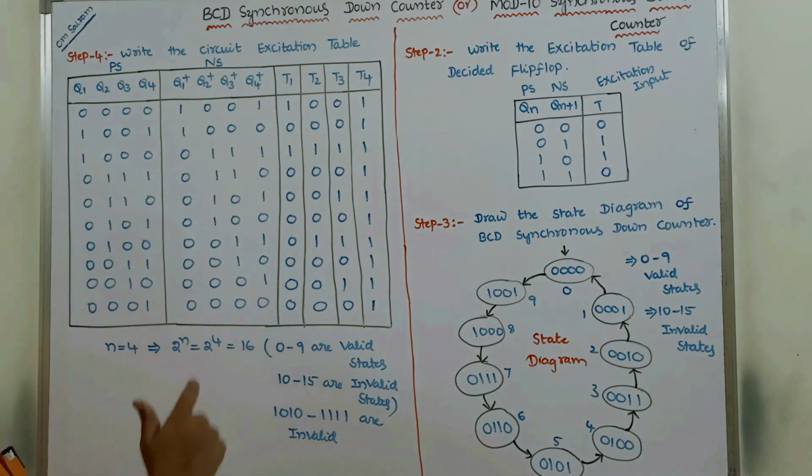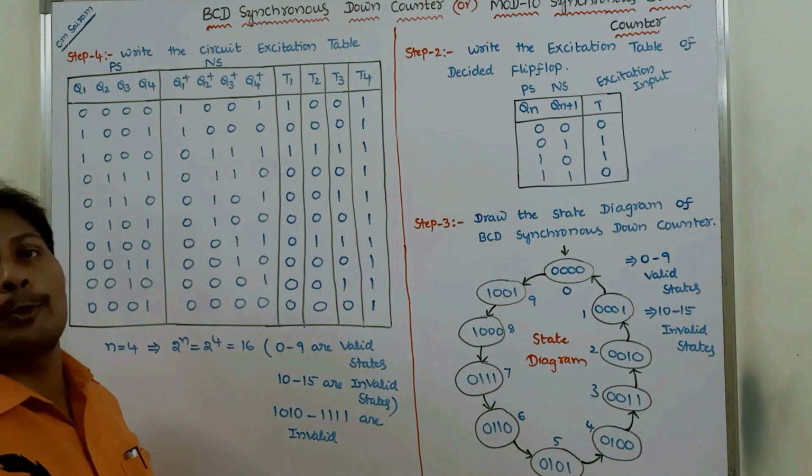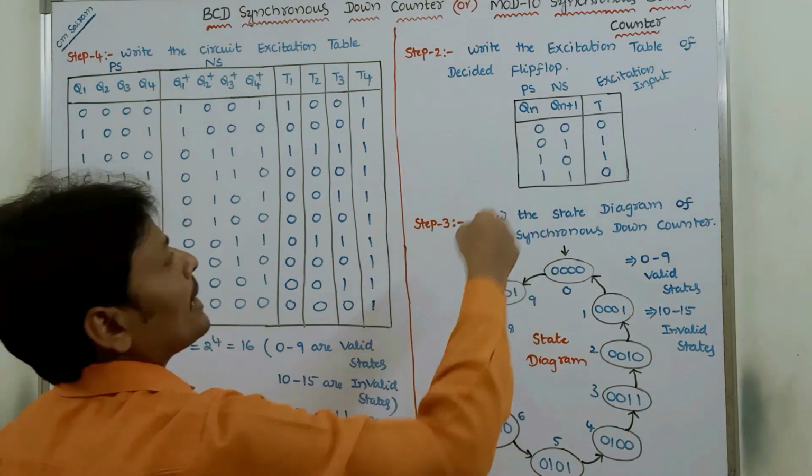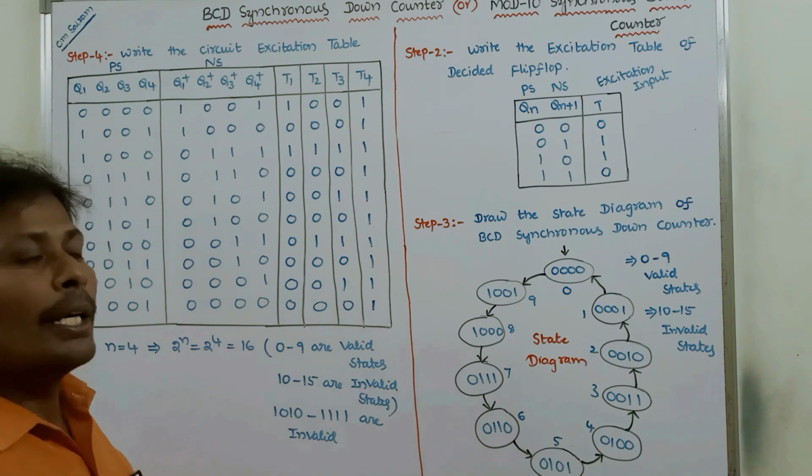In this way, we have to fill T1, T2, T3, T4 columns by using the excitation table of T flip-flop.